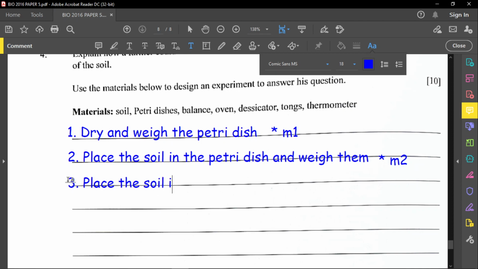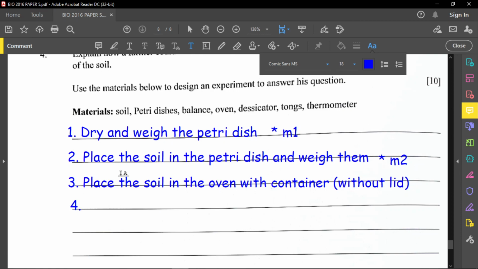You can place it with the container, but you're going to ensure that there is no lid on the container, because you want the water to be able to evaporate when it's in the oven. All right, so this will be part 4.